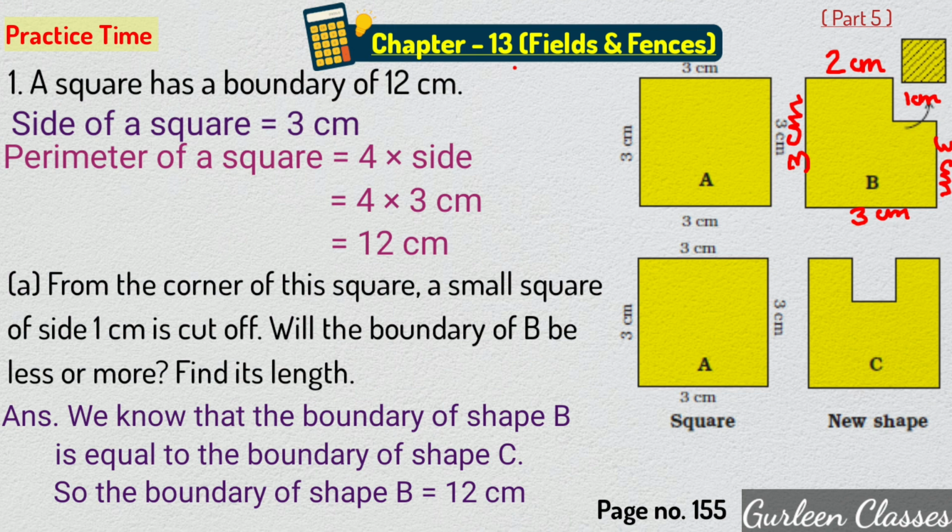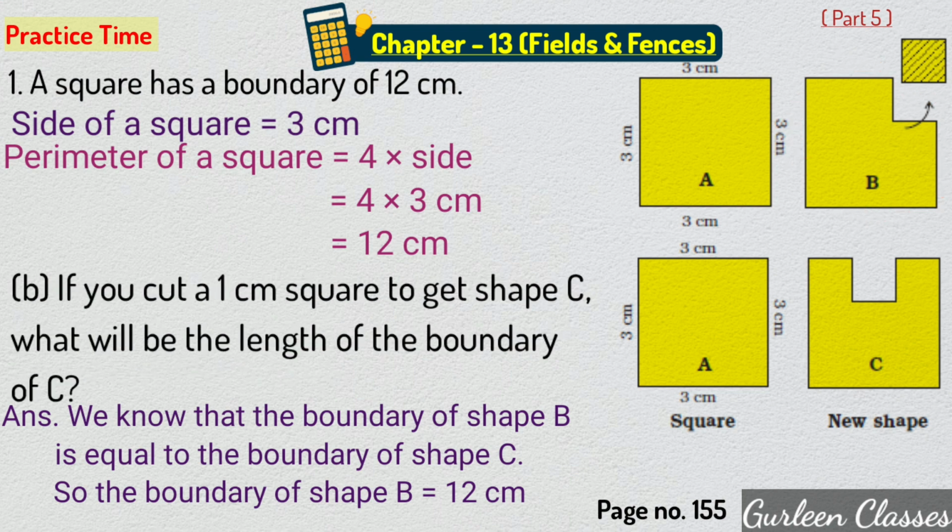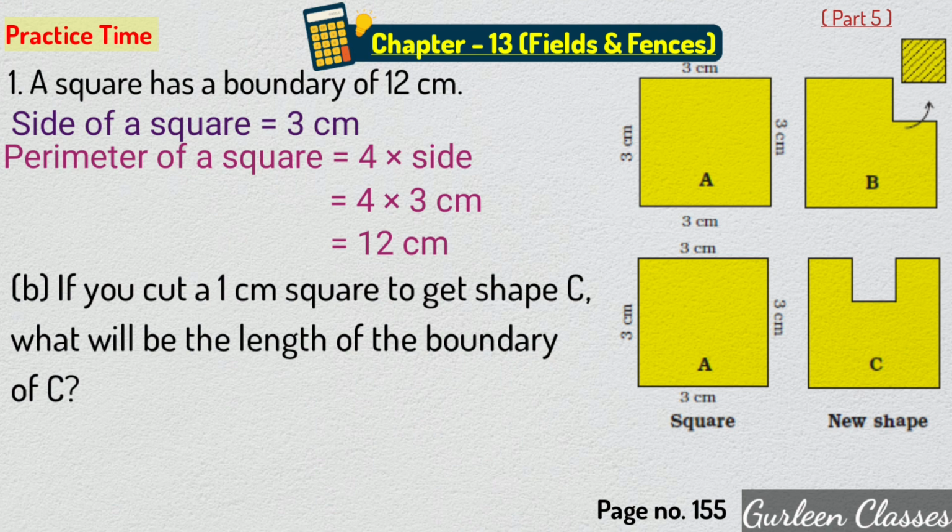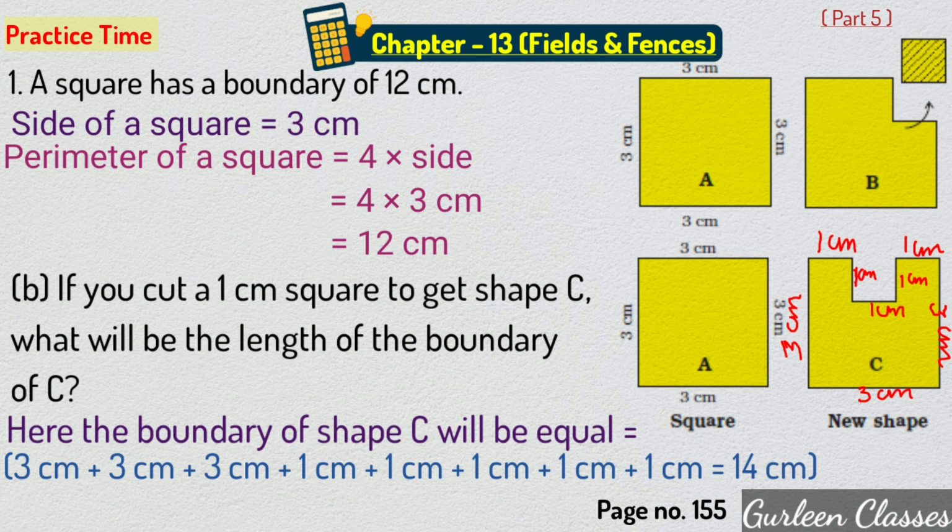So the boundary of shape B is equal to 12 centimeter. Now B part, if you cut a 1 centimeter square to get shape C, what will be the length of the boundary of C? Answer: here the boundary of shape C will be equal to 14 centimeter.